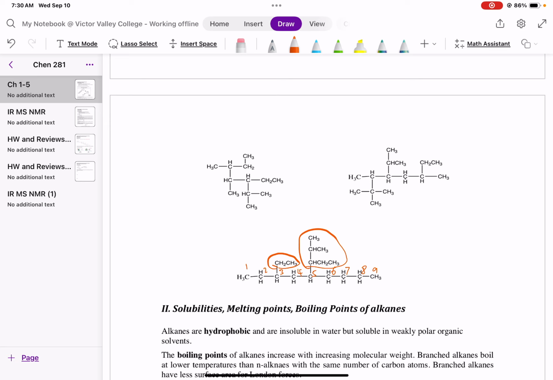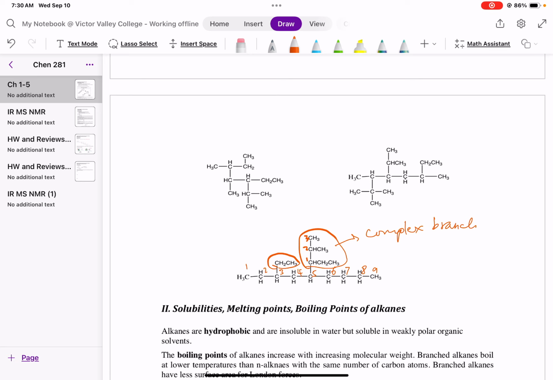The first branch is on number 3, so that's good. Now CH2CH3 is called ethyl. Now this one is called a complex substituent or branch. It's a complex branch, so we're going to do 1 again, 2, 3.